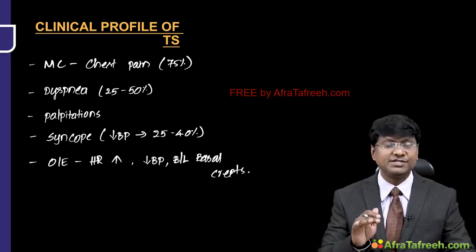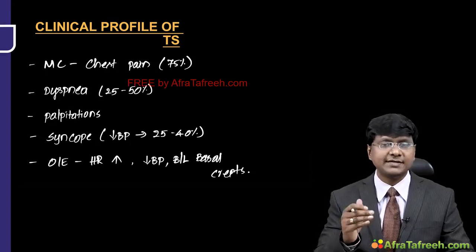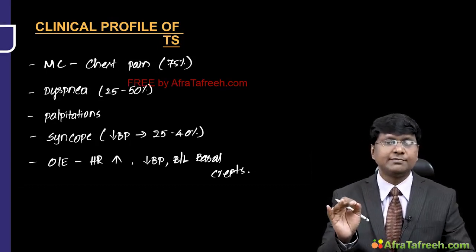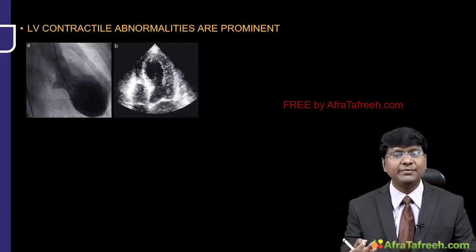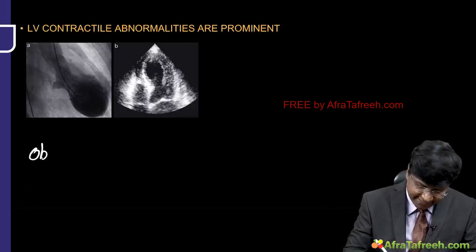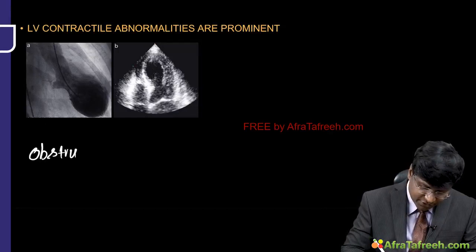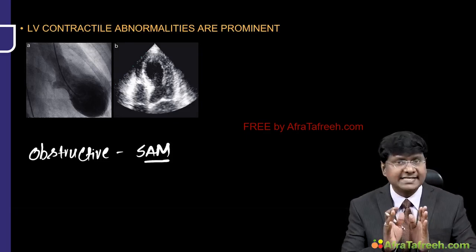And these patients also have obstructive events, and that obstructive event is in the form of systolic anterior motion of the anterior mitral valve leaflet. Now, why do these obstructive events develop? Let me try to explain to you clearly. So what is happening here?